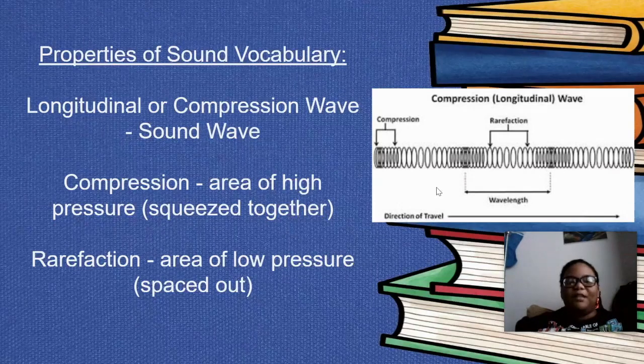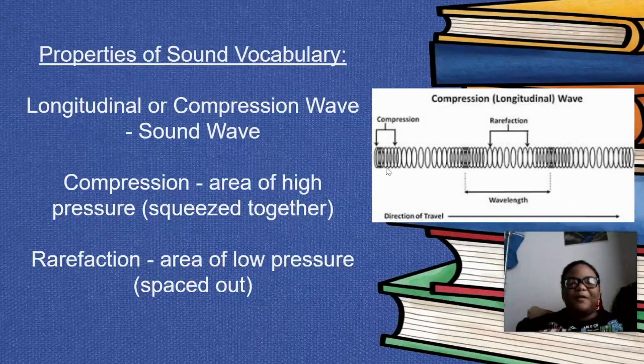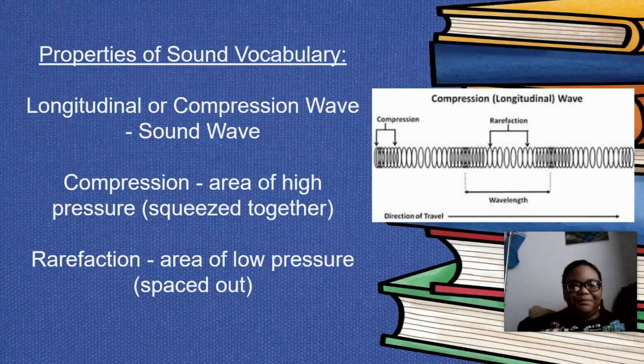The wavelength is the distance from one point of the compression wave to the same point of the next part of the wave. Compression waves are also called mechanical waves. Sound is a type of energy.